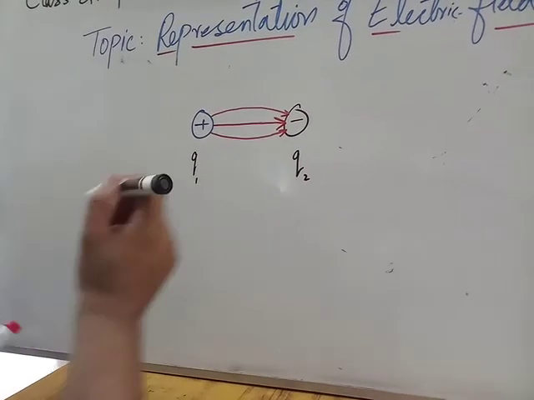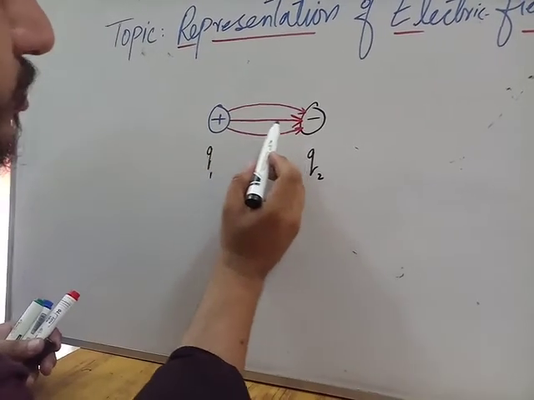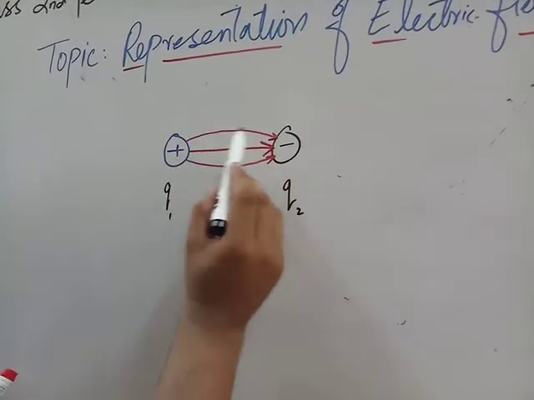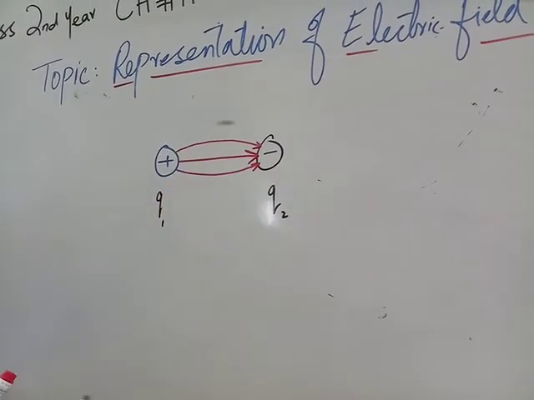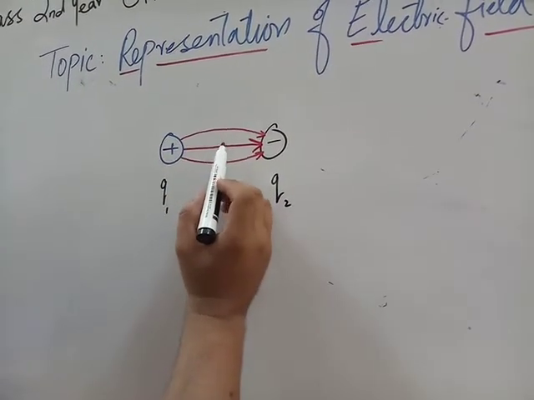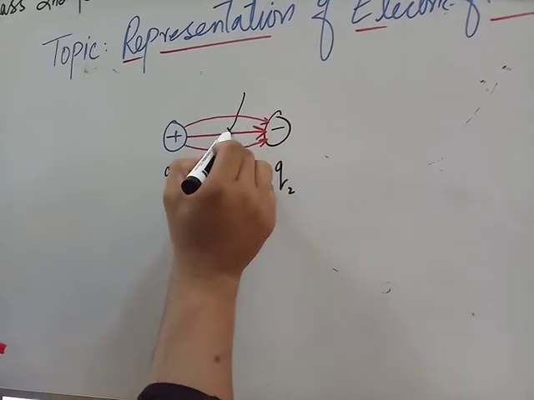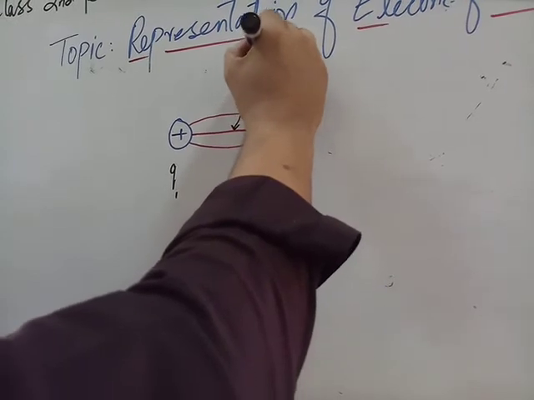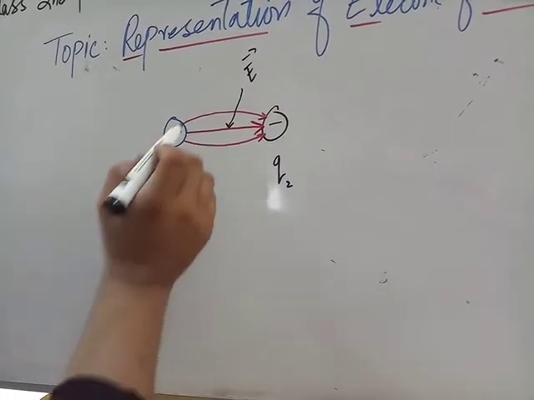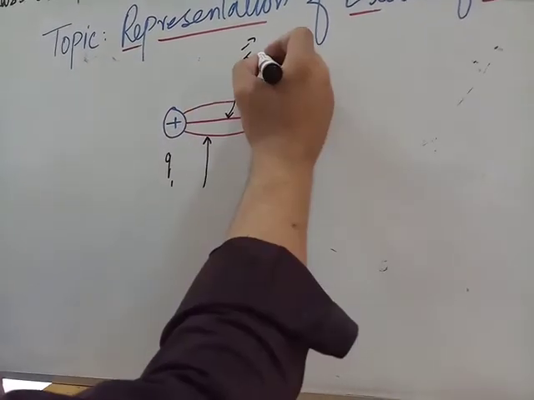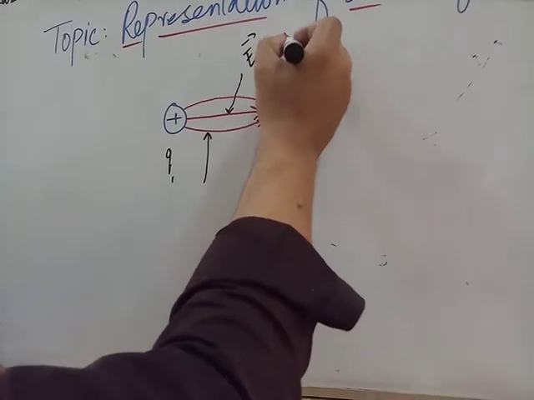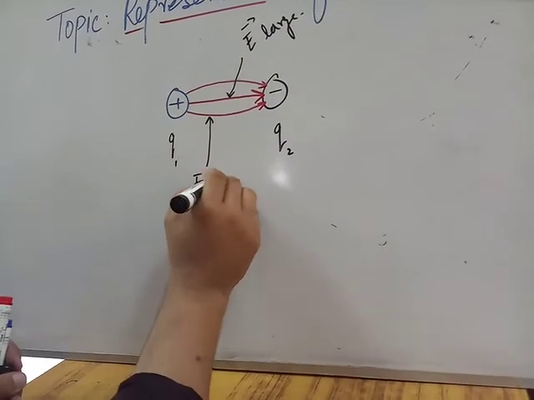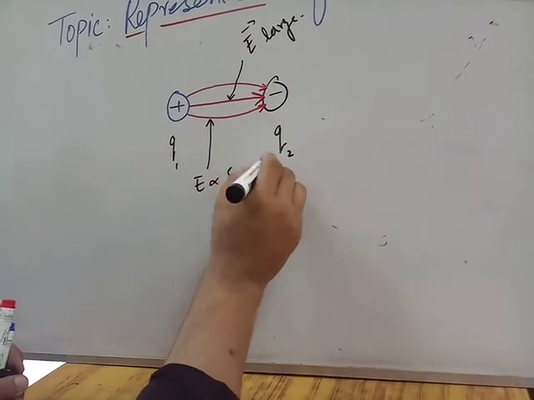You can see that the midline is linear and the outer lines are circular. The straight lines represent that the field is strong in that region, its intensity is large. The circular lines represent that the intensity is small.